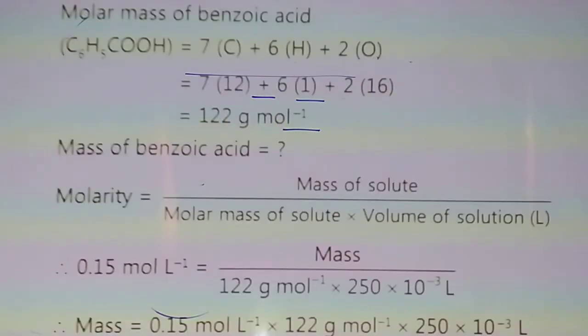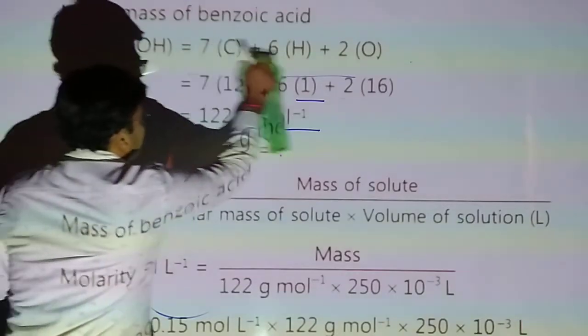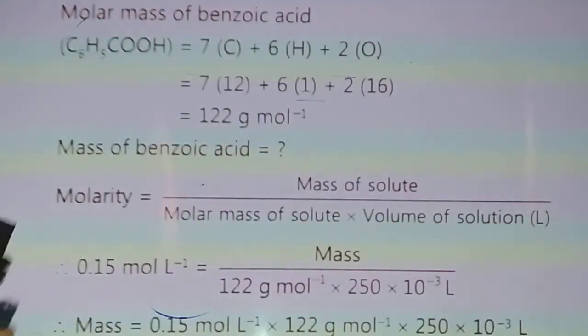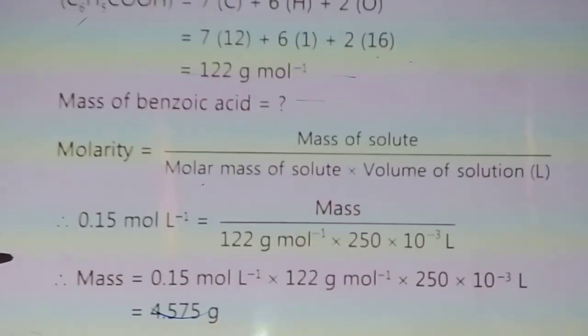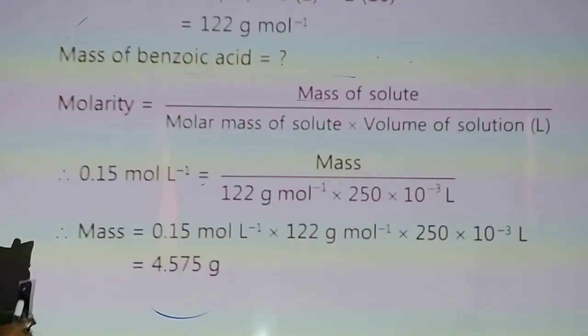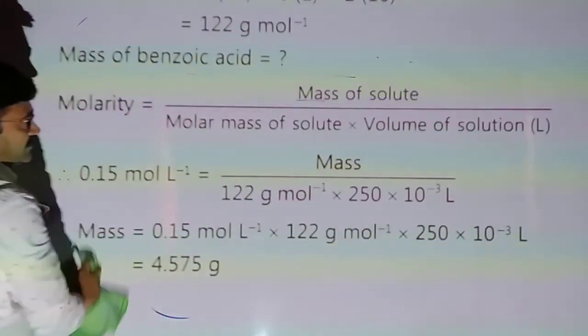So molar mass of benzoic acid: 7 carbon, 6 hydrogen and 2 oxygen. So here molar mass is 122. So molarity is equal to mass of solute upon molar mass of solute into volume of solution.